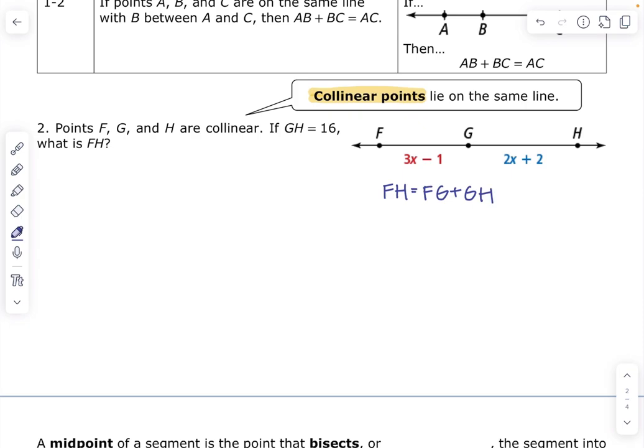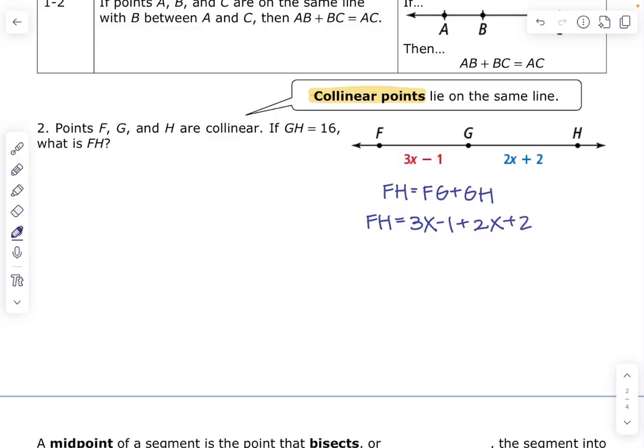Okay, I can replace that then with some more information. So we said here that FG is equal to 3x minus 1. So I'm going to replace FG with that 3x minus 1. We can see in our diagram that GH is equal to 2x plus 2. So I'm going to replace GH with 2x plus 2.